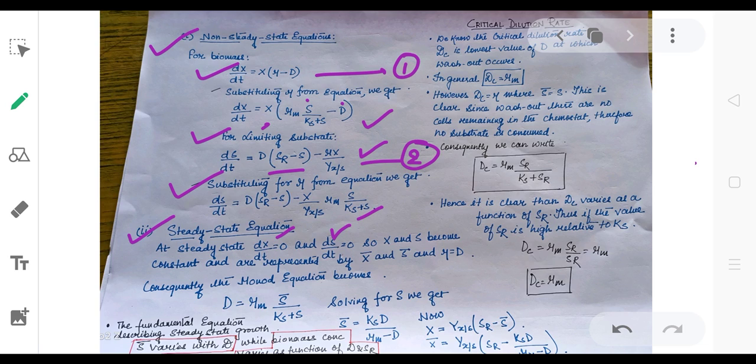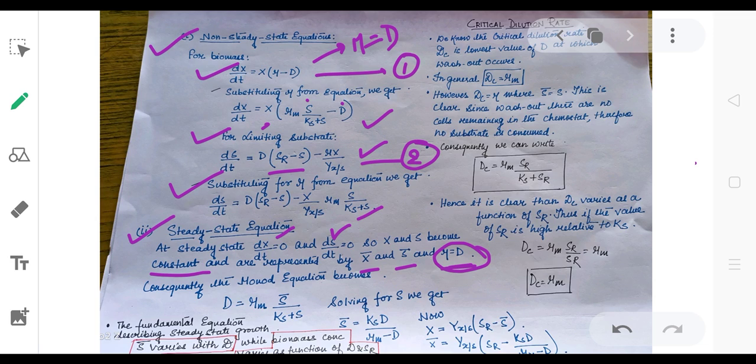So x and s become constant and are represented by x bar and s bar, and mu is equal to d, that we have already derived. If you see equation 1, if you put the value 0, you get mu is equal to d.